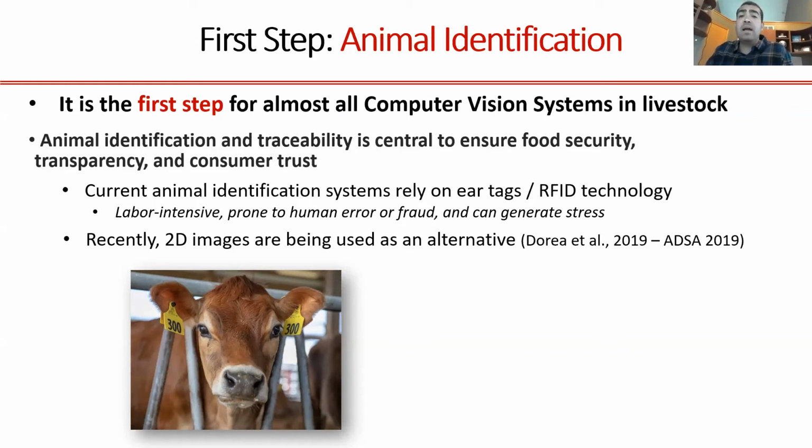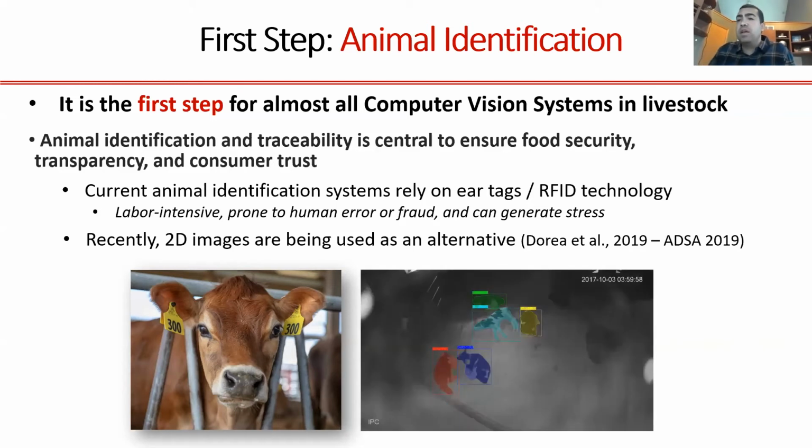But the use of images has been explored as an alternative, right? Because there is no way you can commit fraud or generate stress in animals, and there is no human error when you have those images. That has been explored by different groups, including our group. And we are very good at identifying animals with different coat color patterns in the case of Holsteins, right?